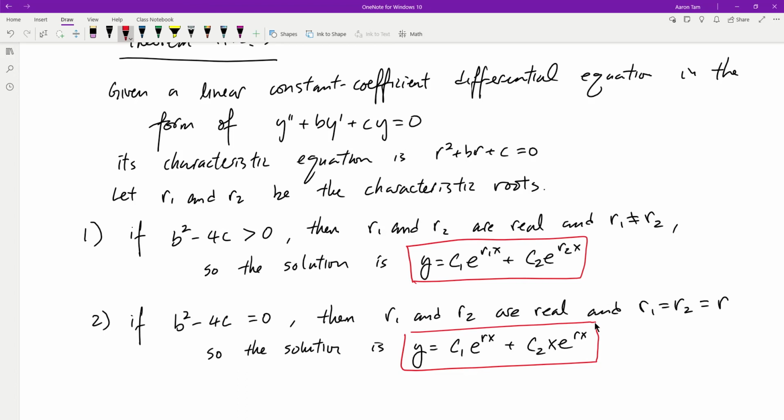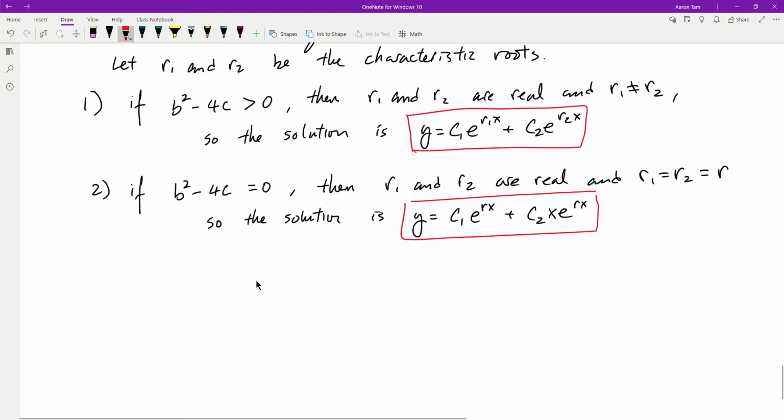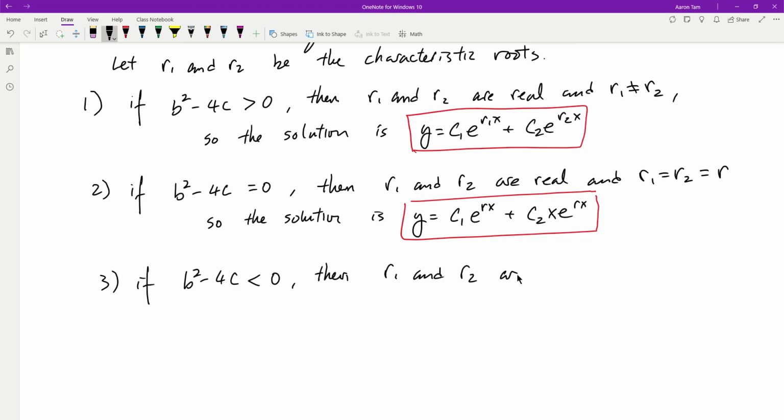Here comes the interesting one, which is new. What if we have complex roots? Case 3: if b squared minus 4ac, or 4c in our case, is less than 0, then R1 and R2 are complex, not real.